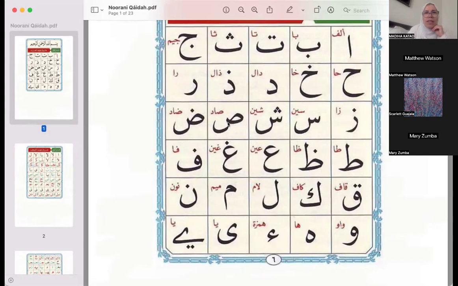Start with Saad. You could read them first, then sound them. Instead of read and sound, maybe the best is just say Saad, Dad, Ta, Za, Ain, Ghain, Fa, Qaf, Kaf, up to here. Okay, from Saad to Kaf. Okay.